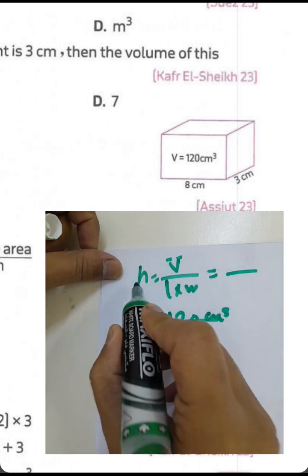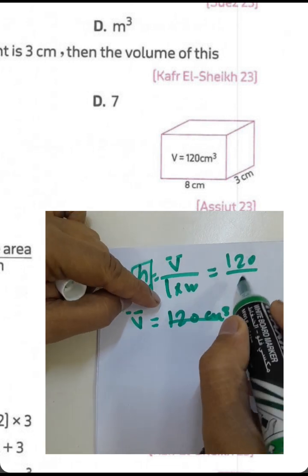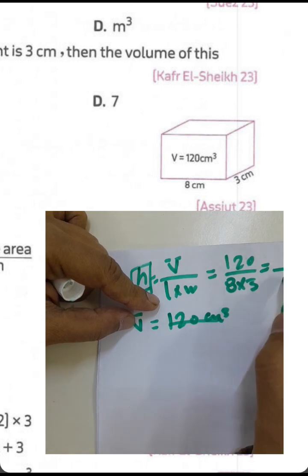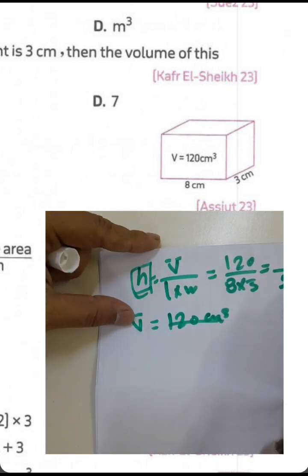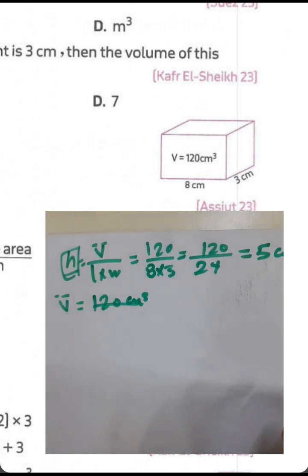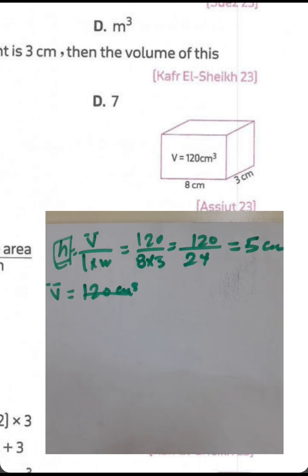Then we can find the height by writing the volume on top and the length times width below: 120 over 3 times 8, which is 24. 120 divided by 24 equals 5 centimeters. Then the height in this example will be 5 centimeters.